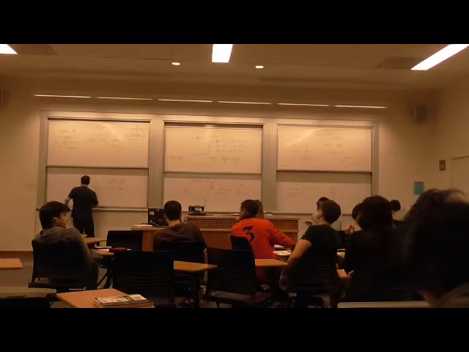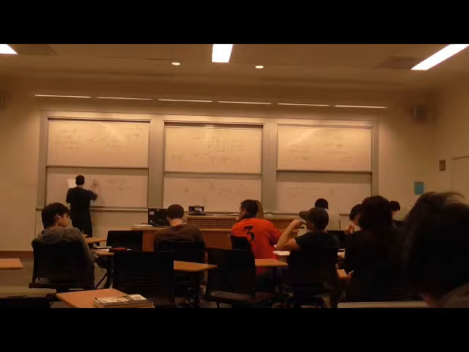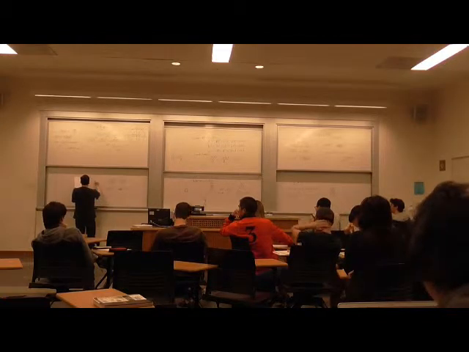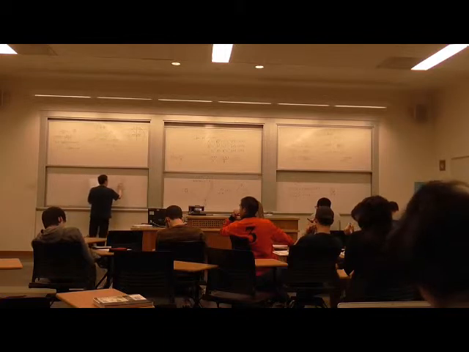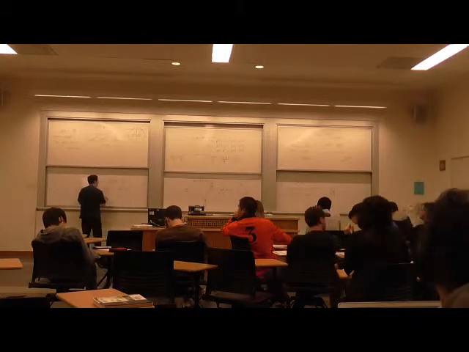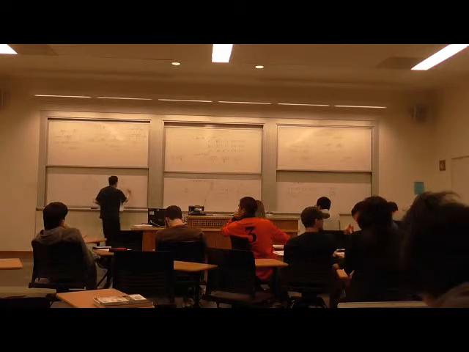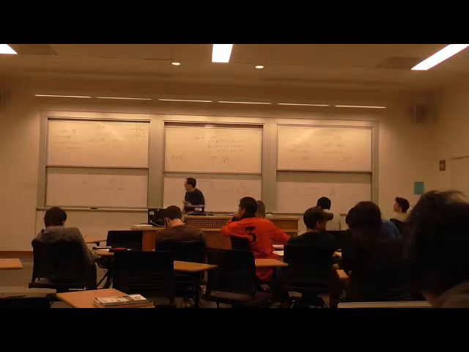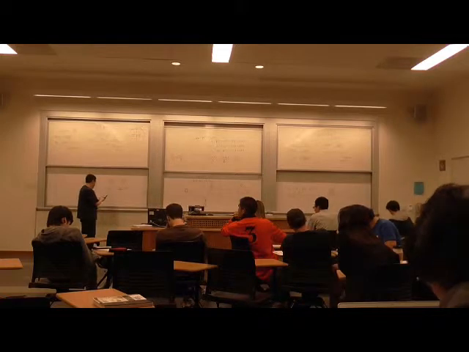Wait, am I mixing up numbers? I messed it all up. Okay, 63. So before we go on, let's figure out what 63 over 54 times sine of 73 is.